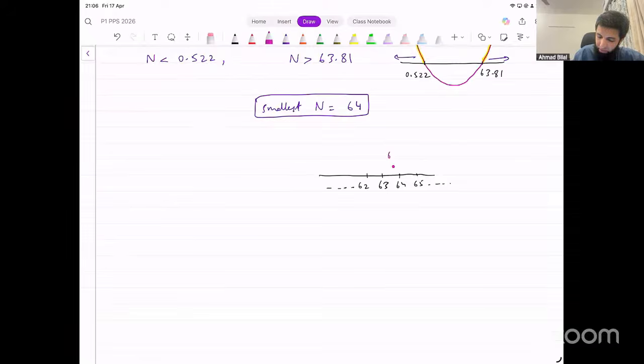We have to be greater than that, to the right side of that. What's the region that satisfies that condition on the number line? This region. What's the smallest value of n in that region? That is 64. Even if it was 63.1, 63.2, the result would still be 64. We'll have to take the bigger number.